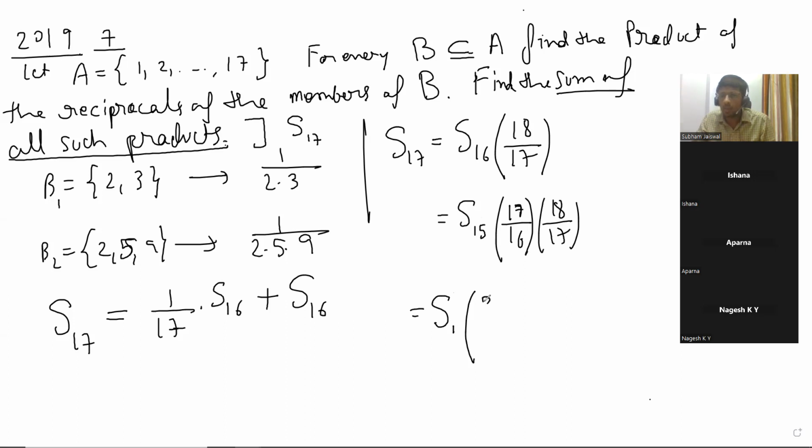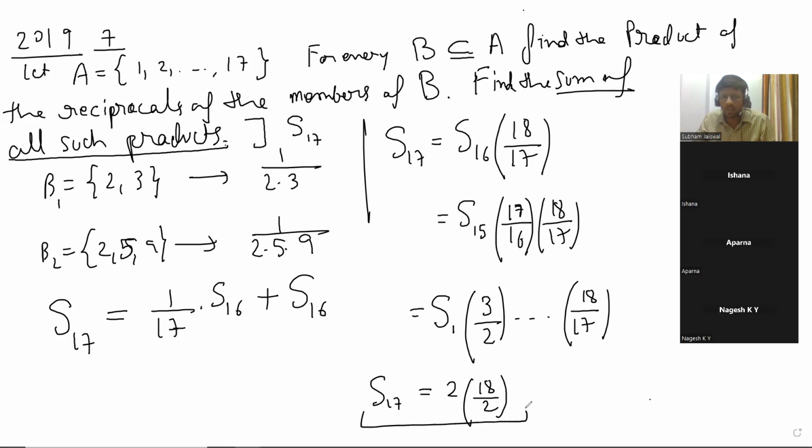S1 will be 3 by 2, till 18 by 17. Am I right? And then what will we get? We will get S1 times 18 by 2, right? And what is S1? According to our definition, it's 2, right? So I'm getting S17 is 18, okay?